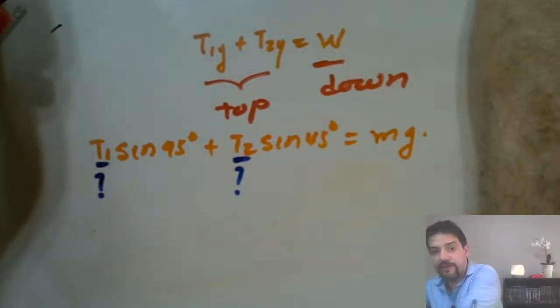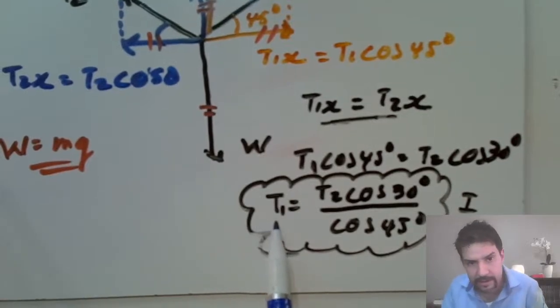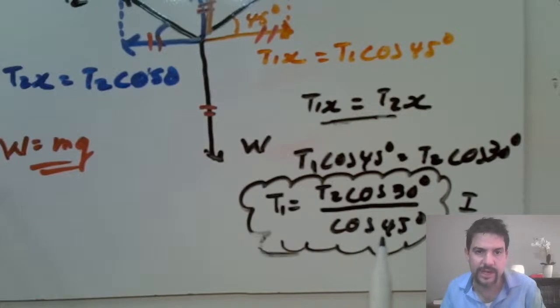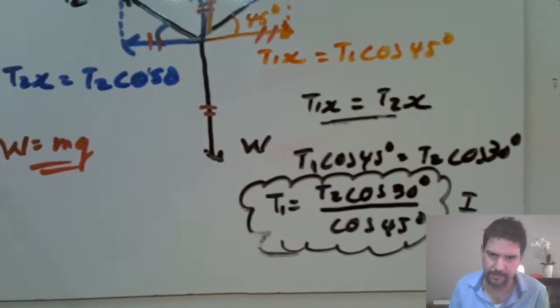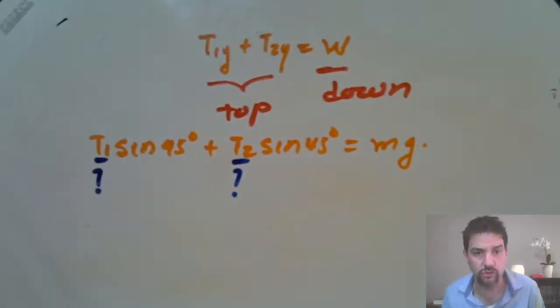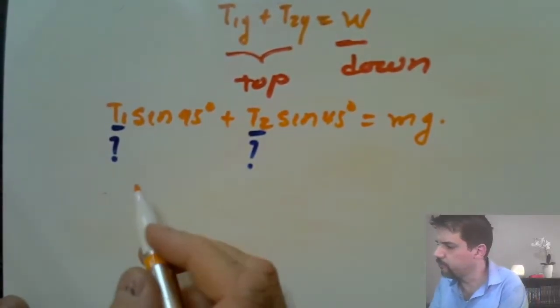But in the previous work, when we went to the x-axis, we said that T1 is equal to this one. So we can substitute this one in the other equation, which is what I'm going to do now. T1 is there, so I'm going to substitute here, guys. I hope you're following me.